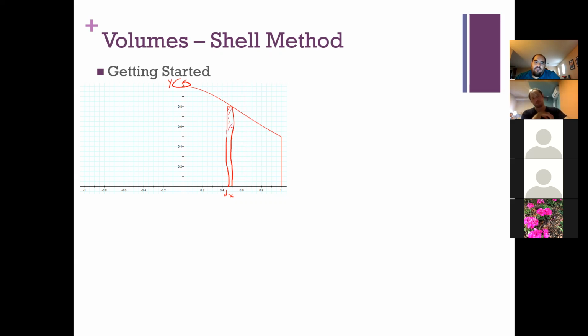So now I am not going to revolve this thing around the x-axis. I'm going to revolve this thing around the y-axis. So first thing I'll do, I'm going to take this rectangle and just reflect it. And I'll try to connect it as best I can.